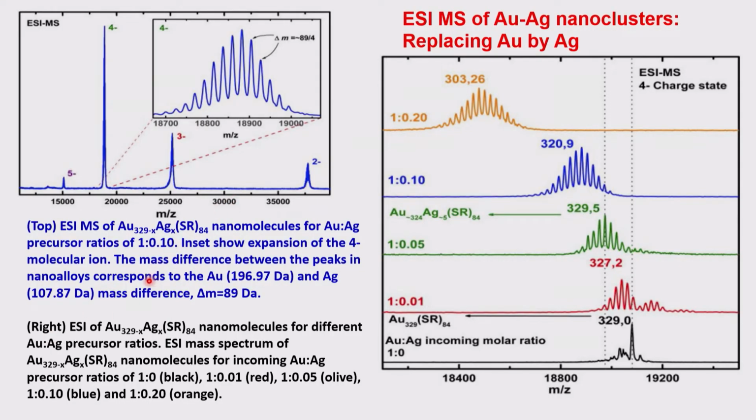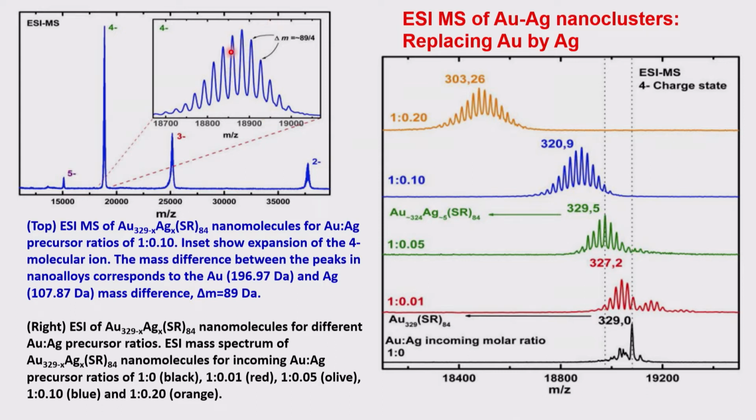Now this is done at a 1 to 0.1 ratio. So the gold cluster to the silver is 1 to 0.1, as you can see here, and this gives the spectrum with 2 minus, 3 minus, 4 minus, 5 minus, of which the 4 minus is the highest intensity. It looks as if it is a single peak, but if you expand it you can see it beautifully, and you can explain it by how many silver ions.